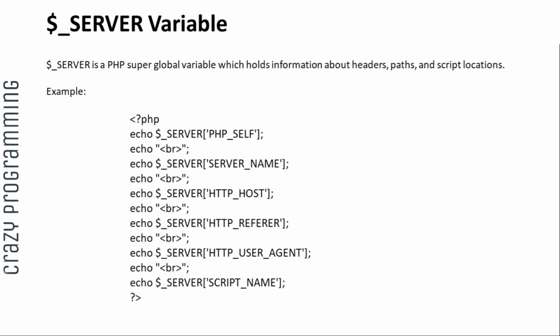PHP_SELF shows the current PHP file, and the second one is SERVER_NAME, which shows which server we are using. Then HTTP_HOST shows the host. HTTP_REFERER shows the reference from which we are using the server, and HTTP_USER_AGENT. Also SCRIPT_NAME, the name of my PHP script.